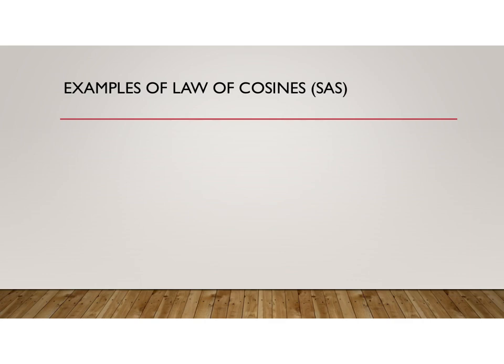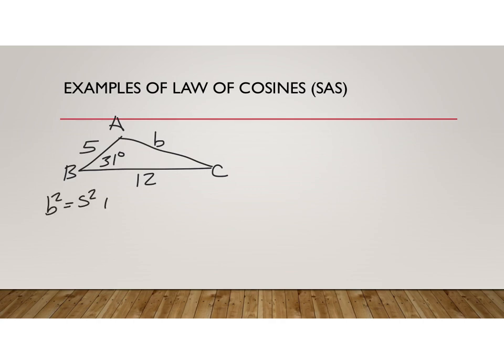Okay, so examples of the law of cosines. If I get this triangle, and I label this one, I've got two sides and the included angle, so I could find side B. So now b squared will equal 5 squared plus 12 squared minus 2 times 5 times 12 times the cosine of 31 degrees.